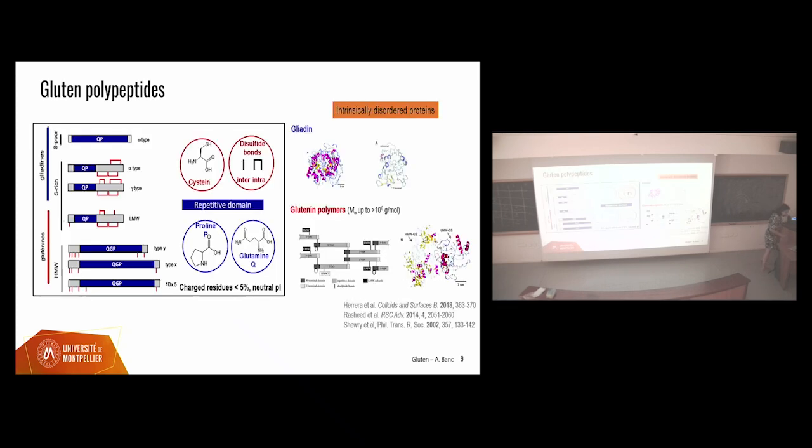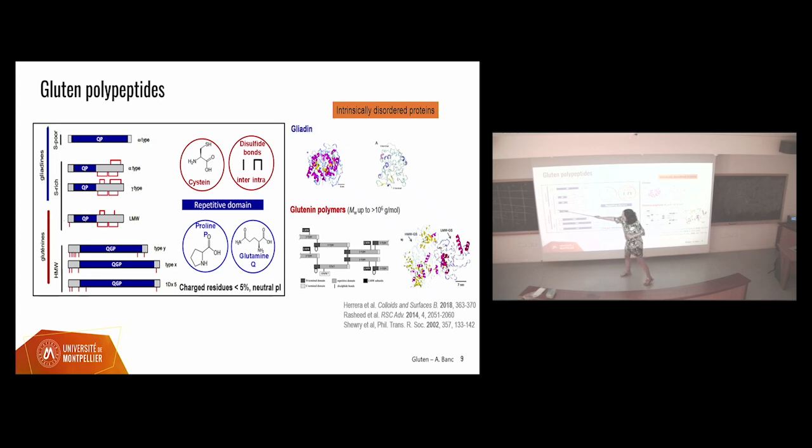And if we look more carefully the polypeptide that we have in gluten, so here you recognize the gliadin family, where you have monomeric polypeptide chain, which either do not contain cysteine, so they cannot form intermolecular disulfide bond, or form intramolecular disulfide bond, thanks to an even number of cysteine.